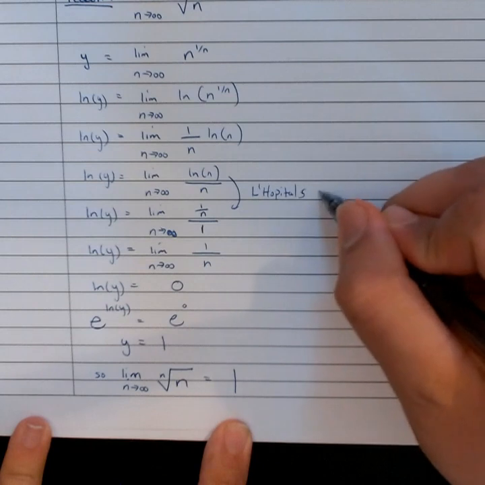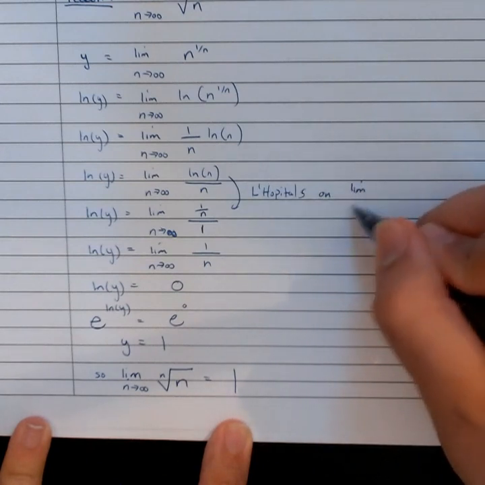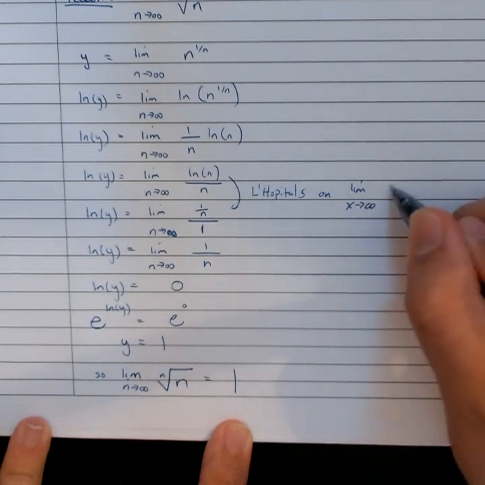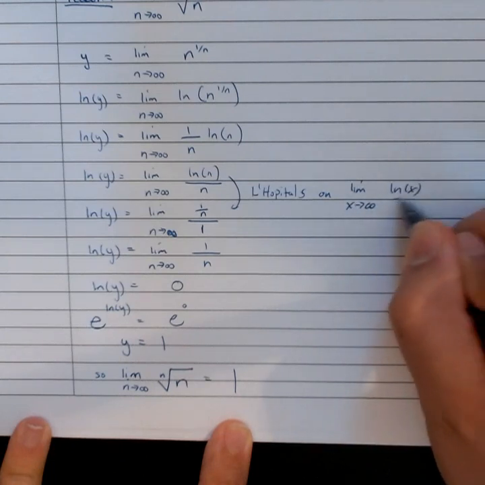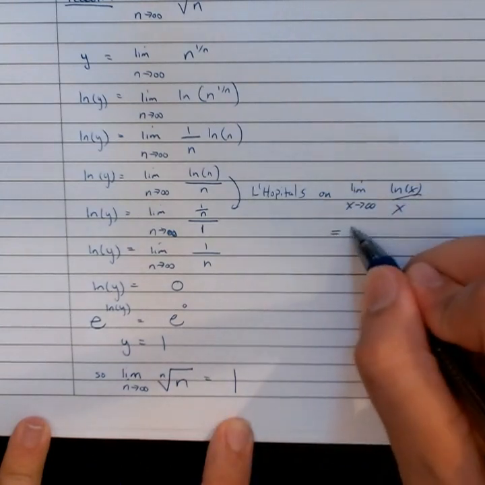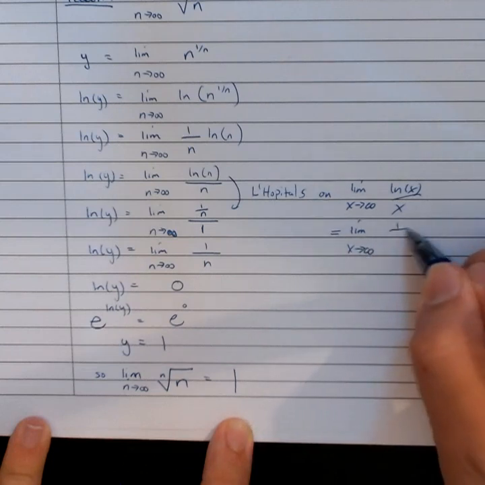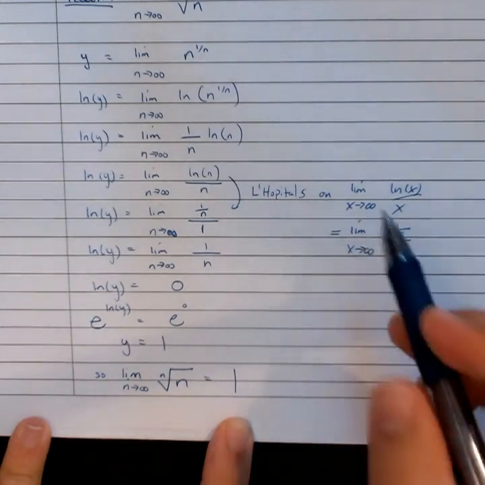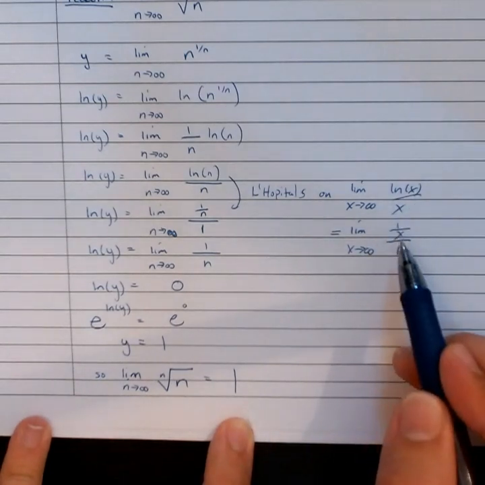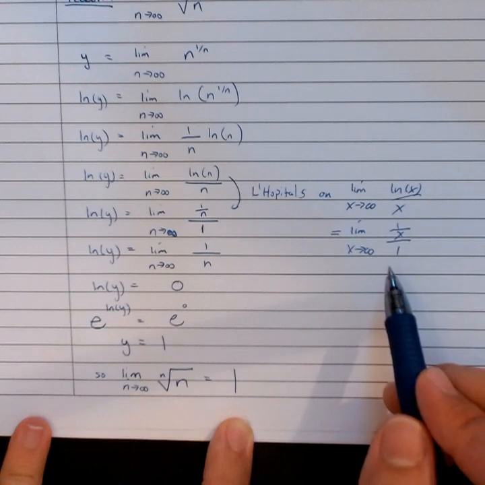L'Hopital's on the limit as x approaches infinity of the natural log of x over x has that equal to the limit as x approaches infinity of 1 over x over 1. The derivative of the natural log of x is 1 over x. The derivative of x is 1 if you're doing everything with respect to x.